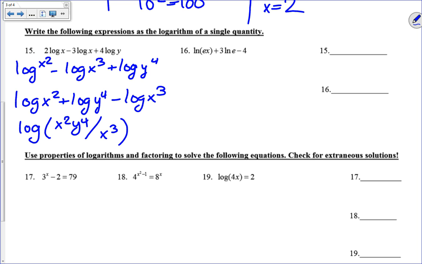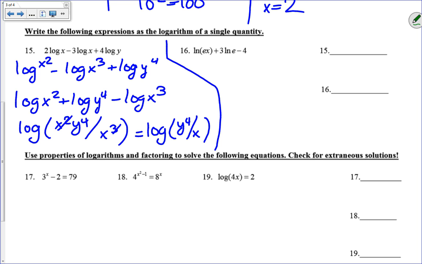So lastly, is there a way that we can simplify this further? How would we do that? Yep, we can cancel out these 2 x's here with 2 of them down there, and we would get log of y to the 4th over x. Okay? Any questions on that?